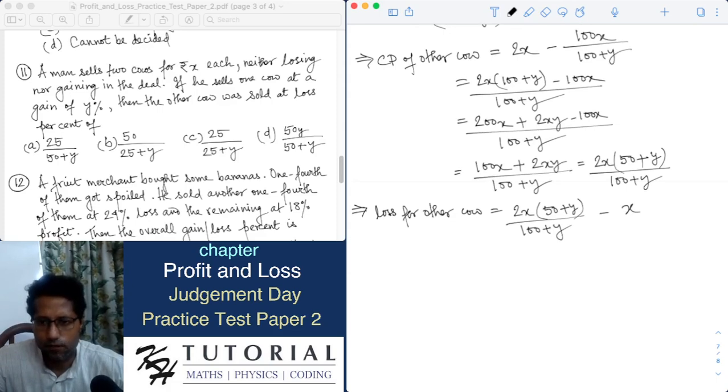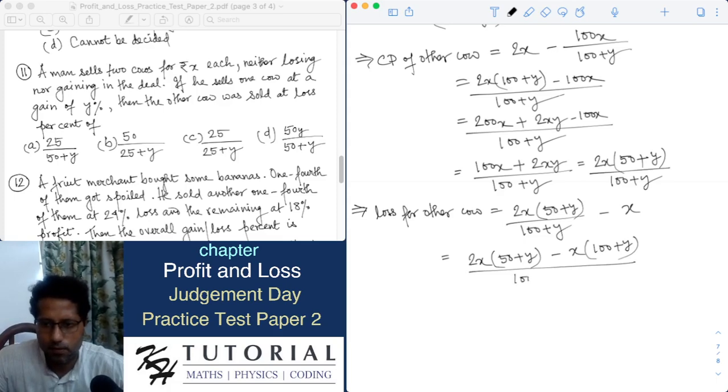Now, if we simplify this, we get 2x multiplied by 50 plus y minus x into 100 plus y, divided by 100 plus y.